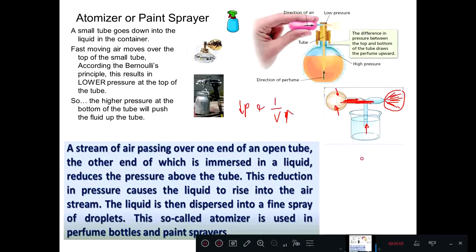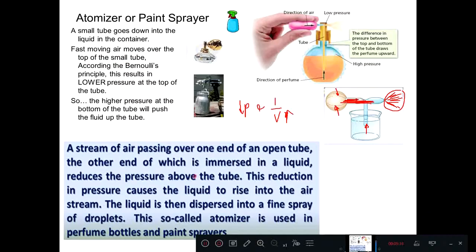This particular device is working on the principle of Bernoulli, because there is a pressure difference between the two points. Here it is written, a small tube goes down into the liquid in the container. Then what will happen? A fast moving air moves over the top of the small tube.